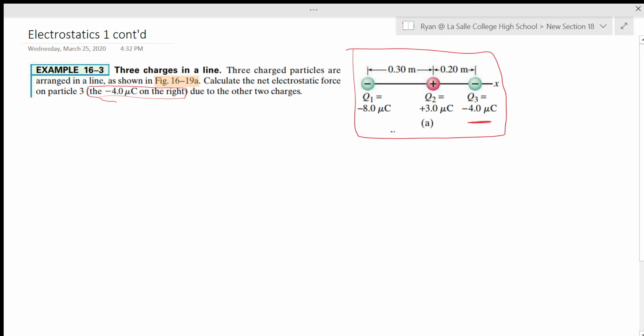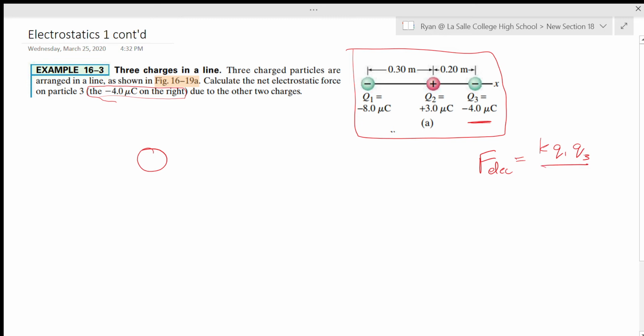So the first thing you want to do is sketch out a picture of what that charge has going on as far as forces. It has interactions with two other objects, and based on Coulomb's law, the electrical force is K, Q1, Q3, where Q3 is the one we're looking at.